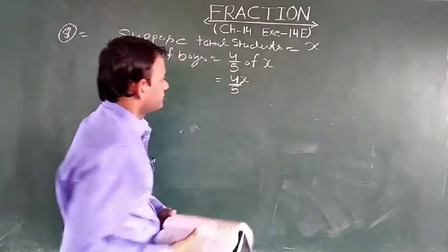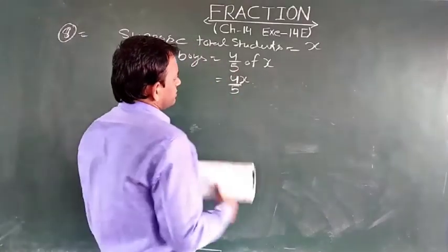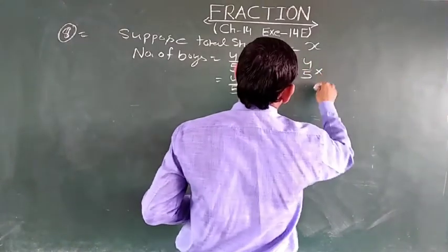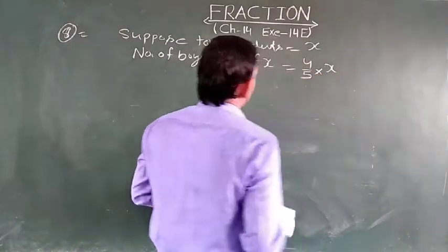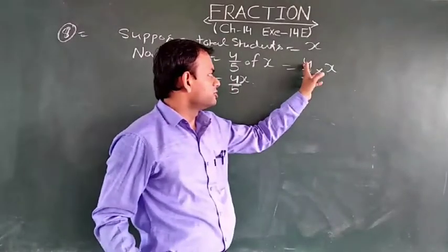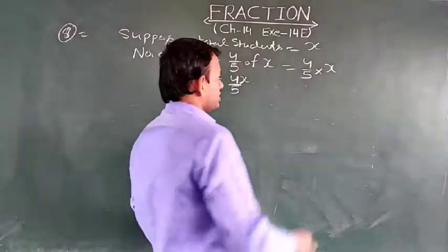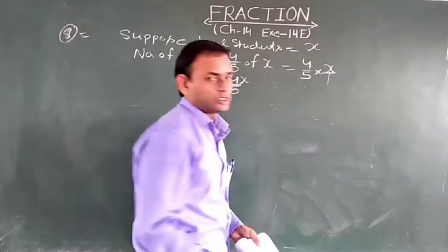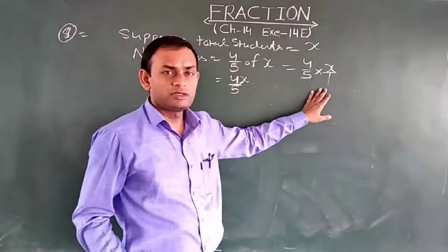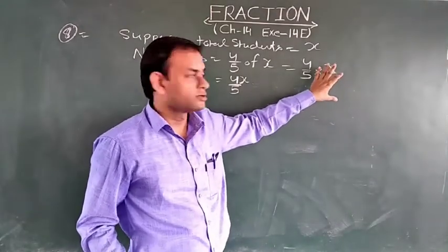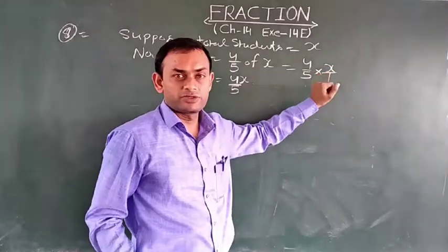Okay, 4x by 5. As you know that we will just remove the sign of the 'of' and we will just put the multiplication sign, and now we will just multiply numerator into numerator, denominator into denominator. But you may write the 1 as a denominator if any denominator is not there. So you will just write the 1, make it a fraction wherever the whole number is given.